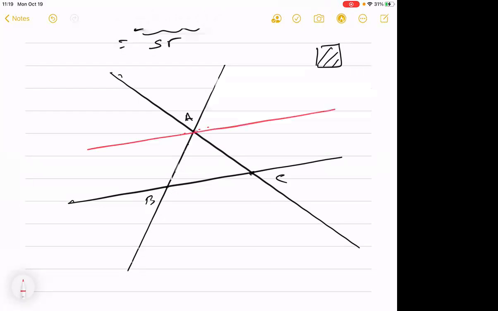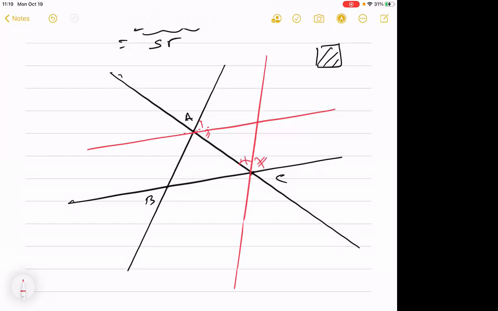So that this angle is the same thing as that angle. And similarly, take the angle bisector of this side, so that this angle is the same thing as that angle.